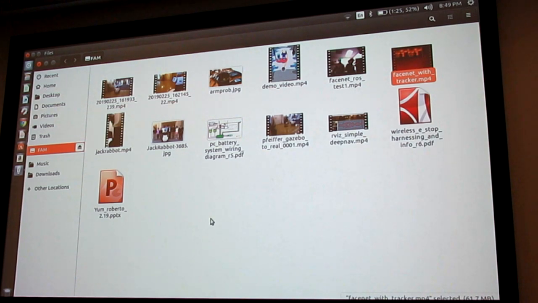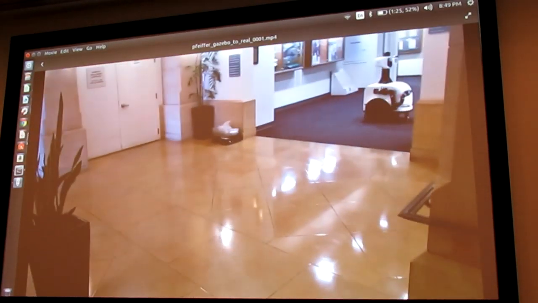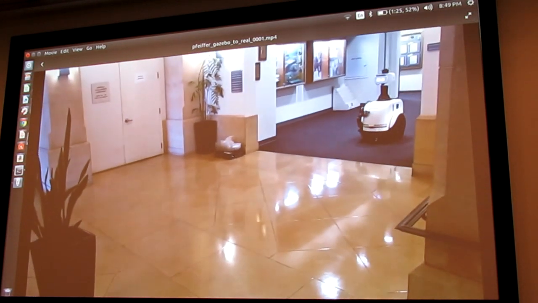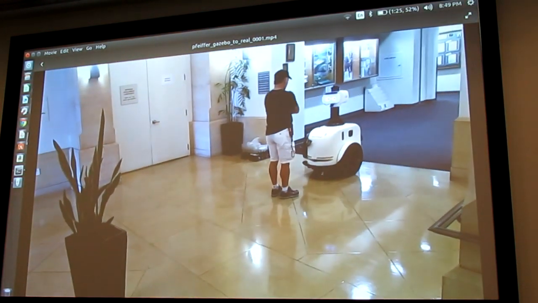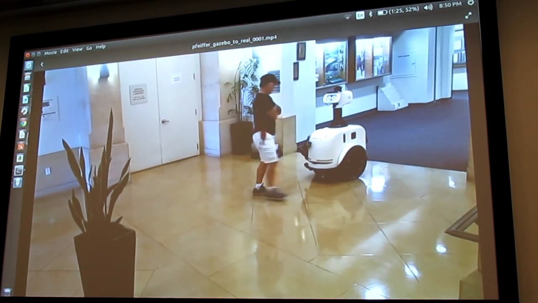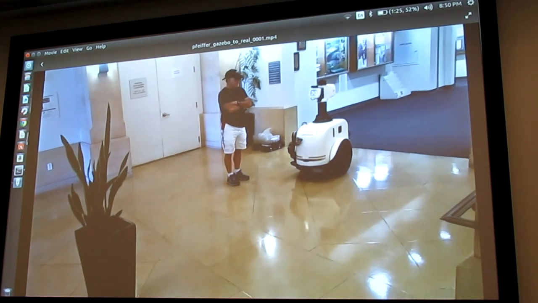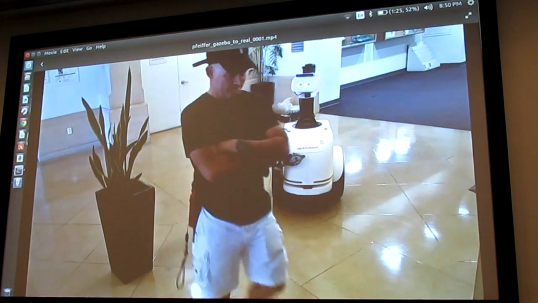Let's see, show this one. This time it has to turn around. So the LiDAR is doing the obstacle avoidance on this.